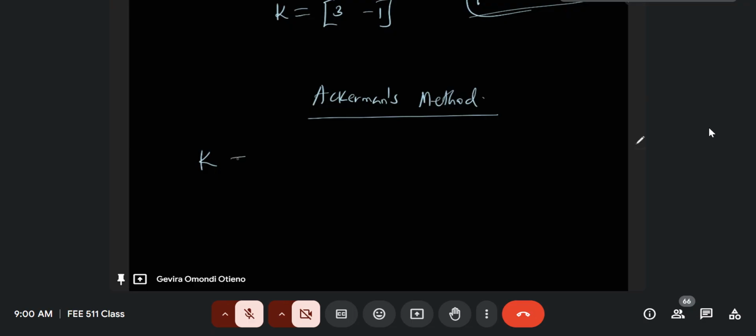So K equals, according to the Ackermann's method, this is it. Of course, it makes sense; the guy who came up with this method was known as Ackermann. His method dictates that to obtain the design, you must have this expression.